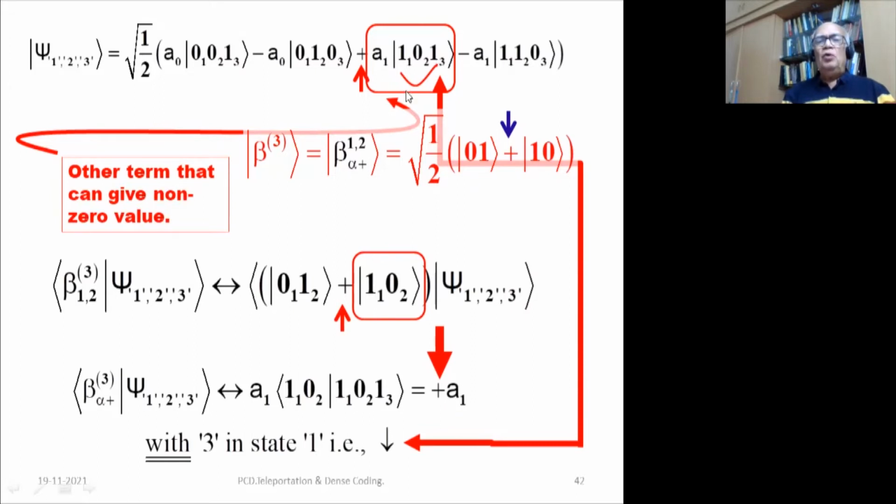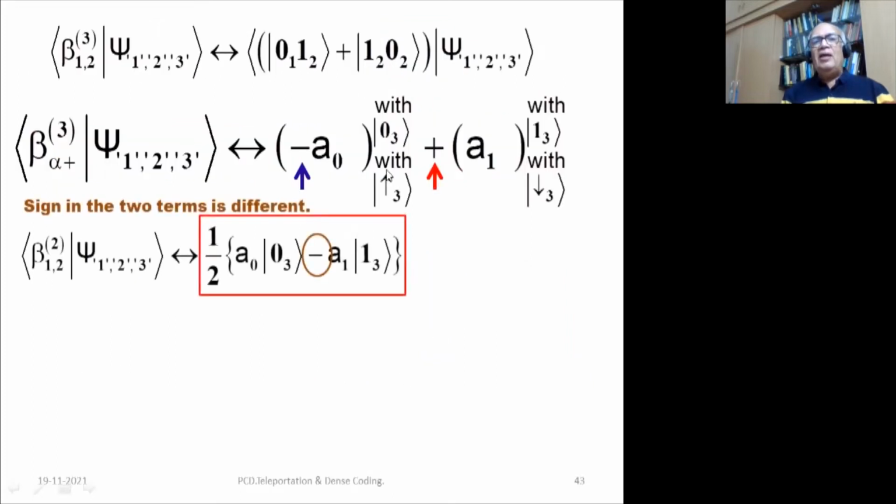So now you have everything that you really need to know, because now you know the state of qubit number 3. And what is that state? That state is a superposition of 0 scaled by minus A0 coming from the first of the two terms that we considered.